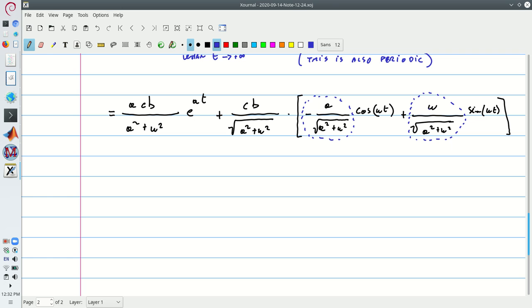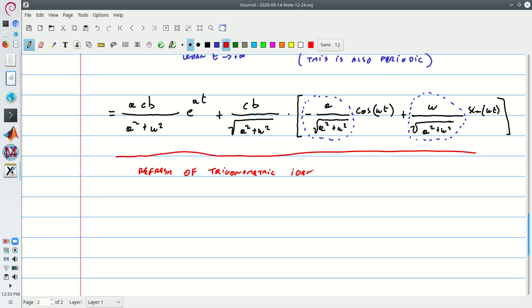I can use some trigonometric identities so that I can put all these cosines and sines together into a single sine. In particular, I'll put here a reminder, or refresh, of trigonometric identities.